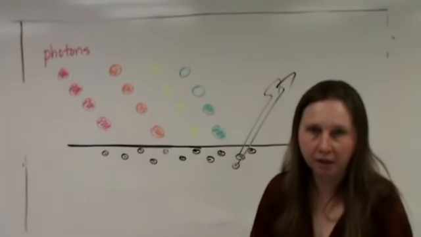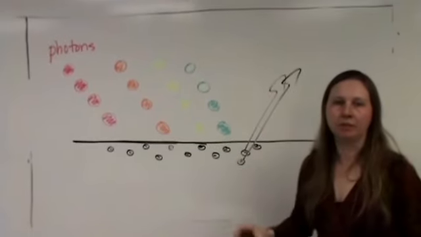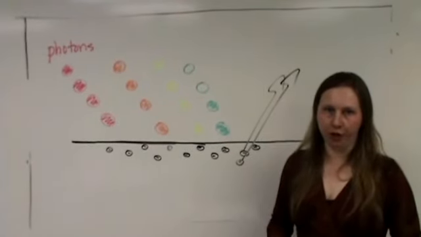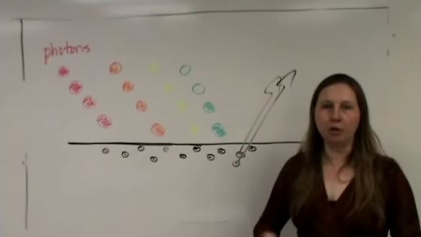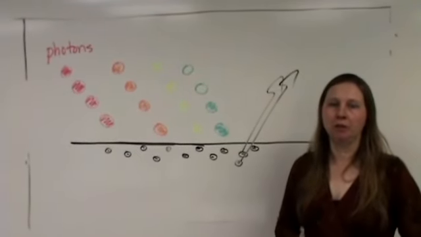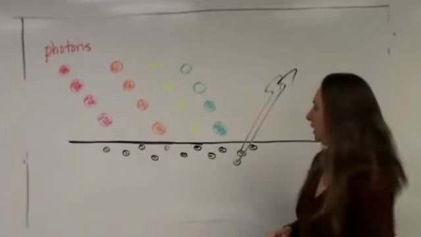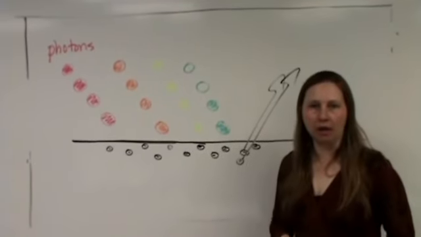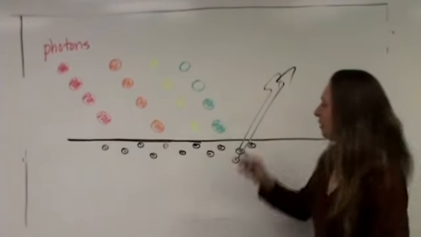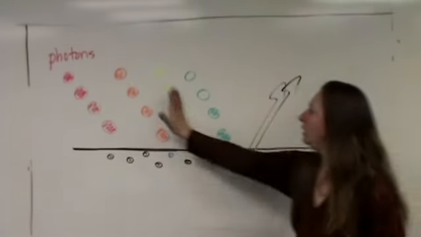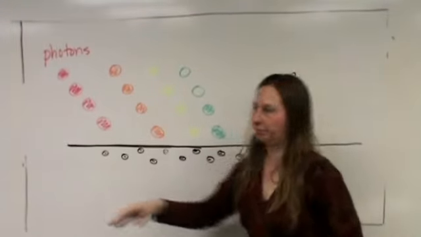So that means that green light is the minimum energy, the minimum frequency, the lowest possible, the threshold frequency that will allow electrons to be ejected from the metal. These were not strong enough.